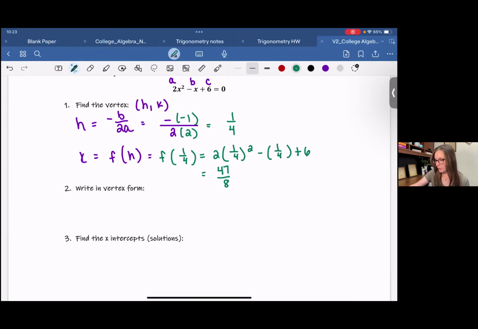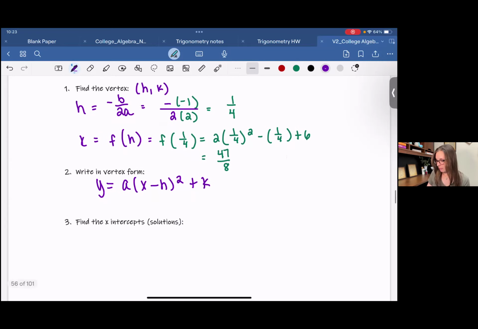To put it in vertex form, we have to know vertex form, which we do. y equals a times (x minus h) squared plus k. And remember here, we're plugging in a, h, and k. y and x just stay y and x because we need those variables for graphing or solving.